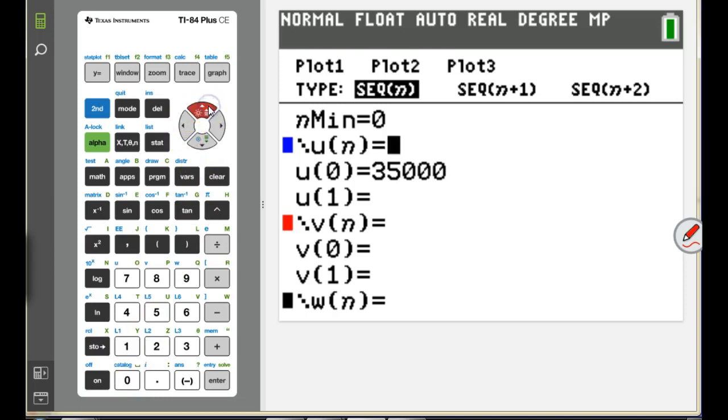Okay. Now we got to put our formula back up here. What did we do? What did we write down? Okay, wait a minute. The recursive formula we wrote down said take the previous term. How are we going to put that in our calculator? Do you remember? Anybody where we get the funky U?